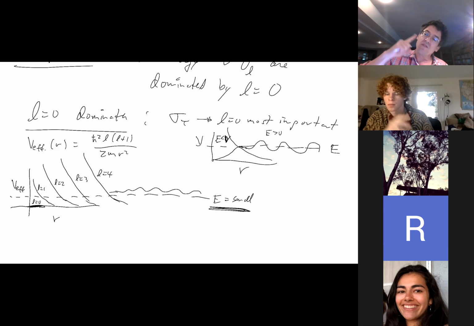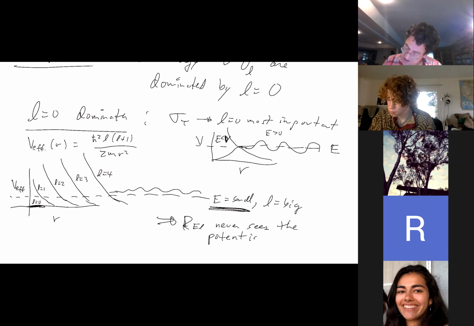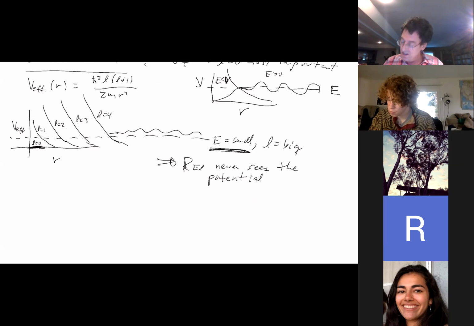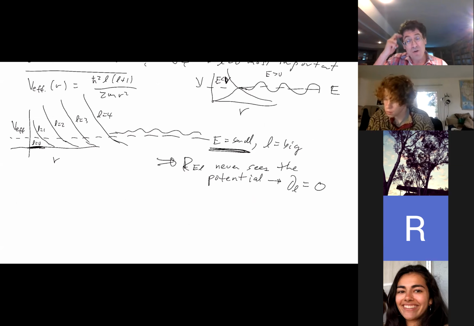So if E is small and L is big, then your radial wave function never sees the origin, and the potential is at the origin. So your wave function never sees the potential. But if you don't see the potential, then your phase shift is what? 0. It has to be 0. So that's the whole point.